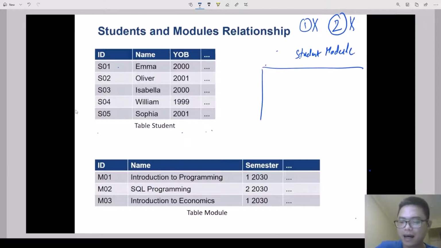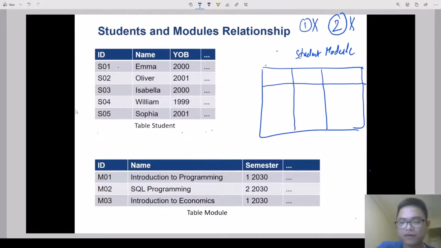And this table needs at least two columns. The first one is the foreign key from the student table, so this is student ID. And the second one is the foreign key from the module table, so this is module ID.